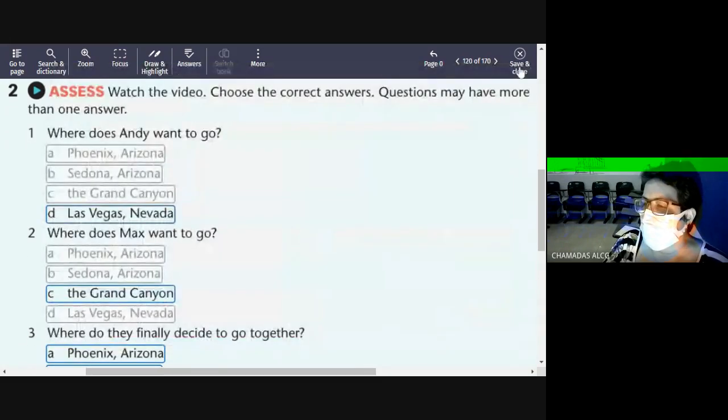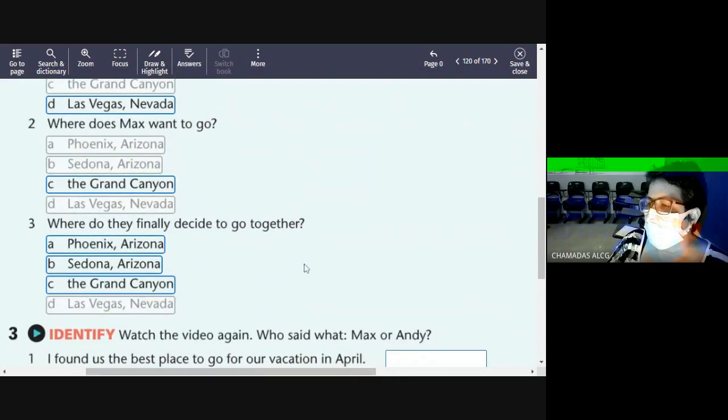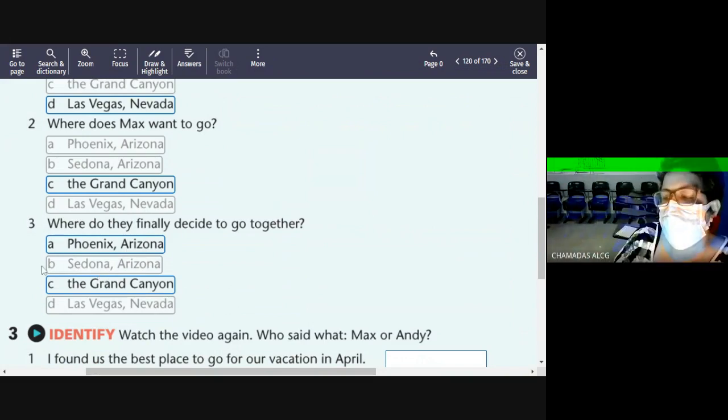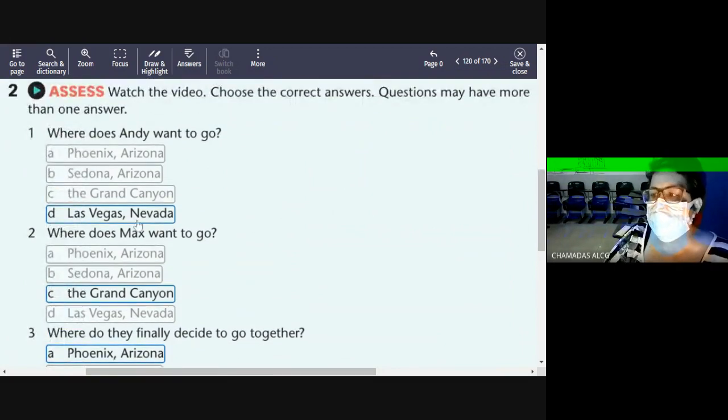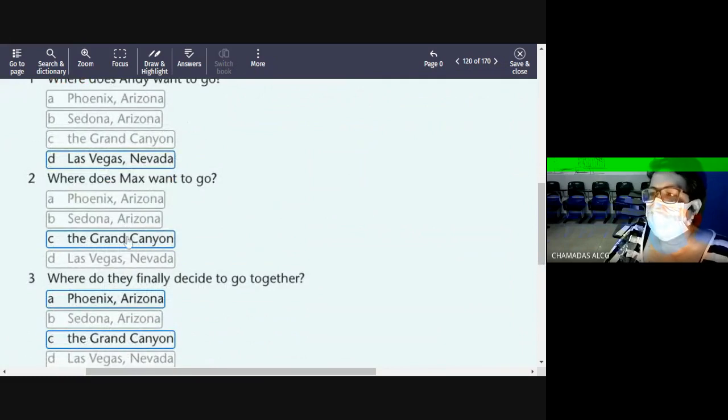So here we can understand that they decide to go together to Phoenix, Arizona. They decide to go to the Grand Canyon, but here I wouldn't check Sedona because they don't go to Sedona. They go near Sedona. Okay, so this one here, I agree. But number 2 is the Grand Canyon. All right, people. So the right answers are Las Vegas, Nevada, the Grand Canyon.